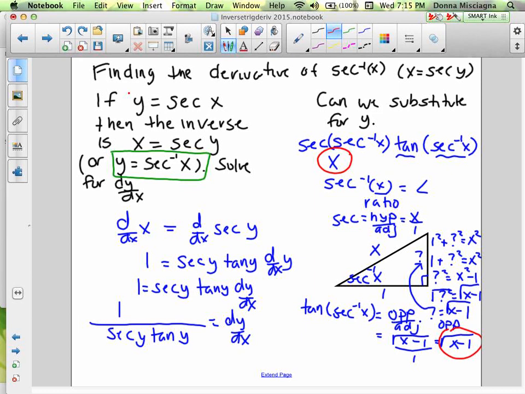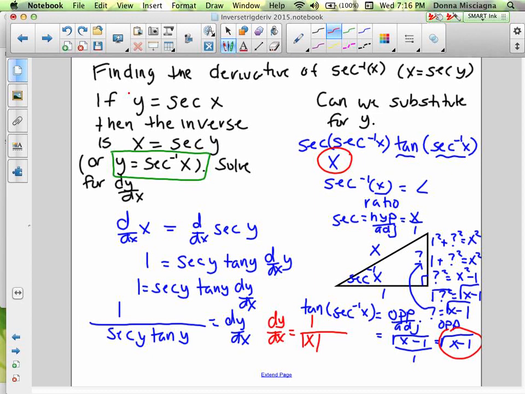If you had any trouble understanding it, back up, watch me again, and make sure this makes sense to you. Now we have what dy dx is. I'm going to write in another color because I've got a sea of blue here. So dy dx equals 1 divided by, in the denominator, secant y, which is x, and this is always going to be positive.